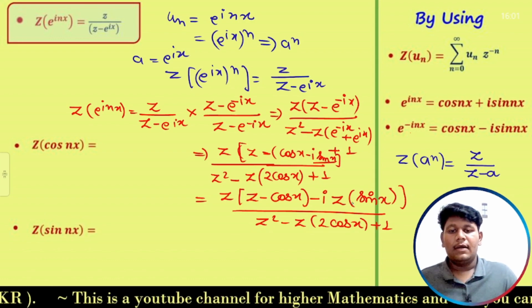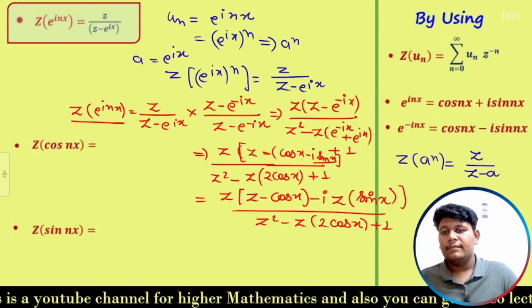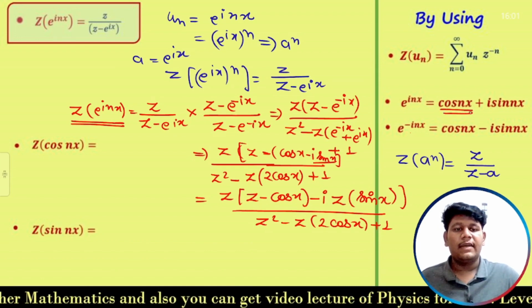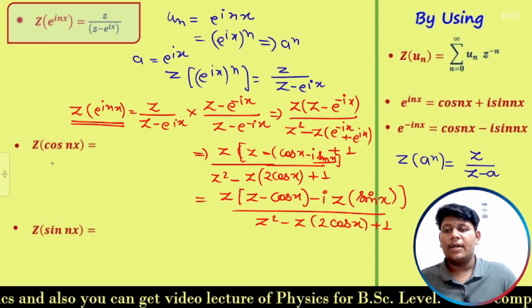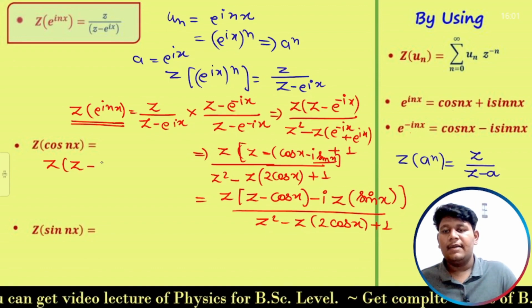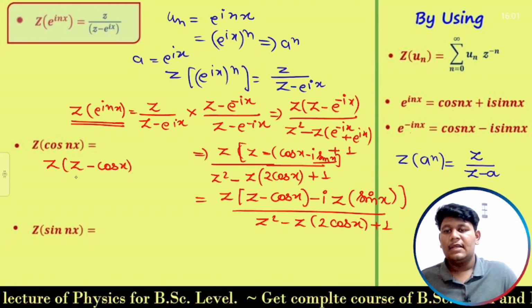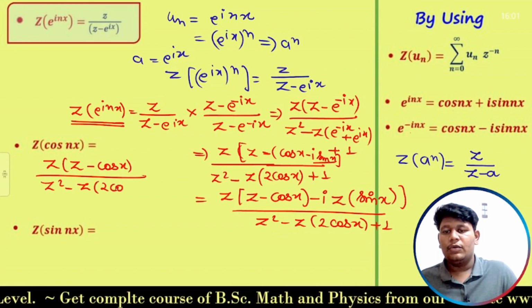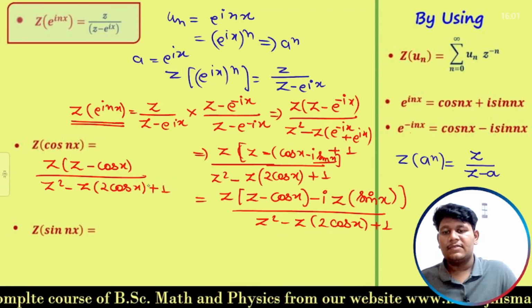Basically, on comparing, the z transform of cos of nx is the real part. On comparing the real part only, you will get z minus cos of x upon z square minus z into 2 cos of x plus 1.